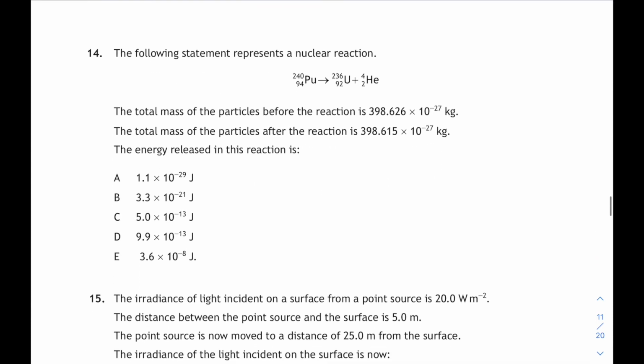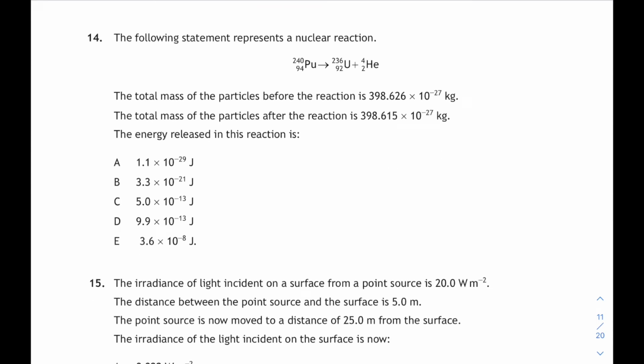Okay, question 14. It's another nuclear reaction here. It is plutonium that is decaying to uranium with the emission of an alpha particle. And we're told what the mass is before the reaction and the mass after the reaction, and some of the mass is lost during the reaction. And we have to find the energy released. So it's E equals mc squared, where m is the lost mass.